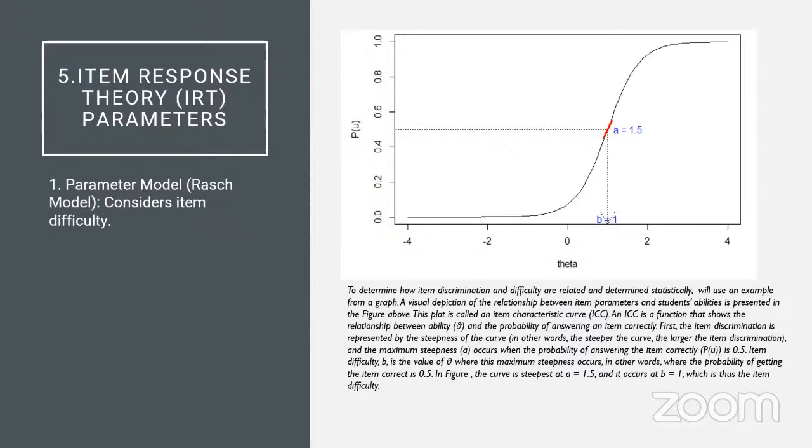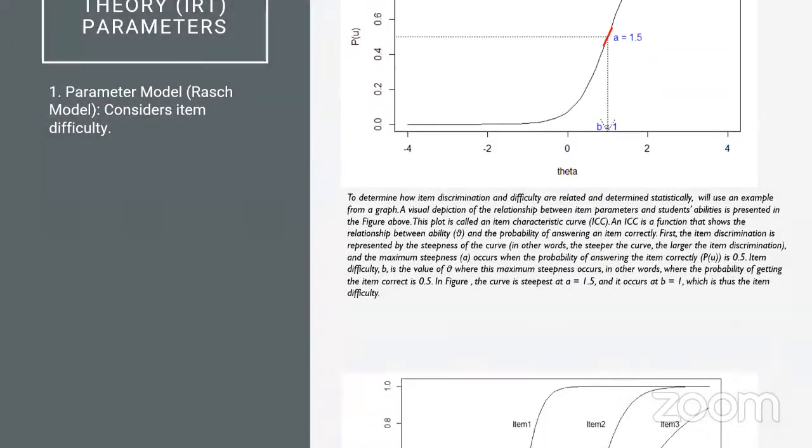Now here you can find out that when the score is above 0, then the probability level for the correct answer is 50%. So this is the one parameter model. Okay. Next.